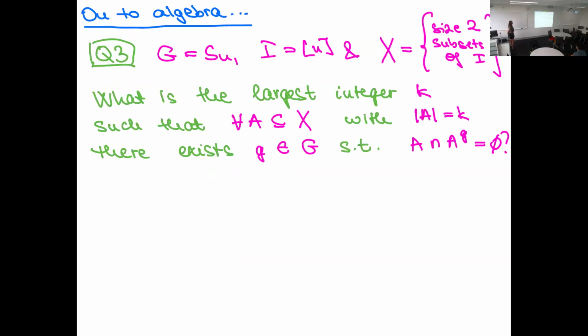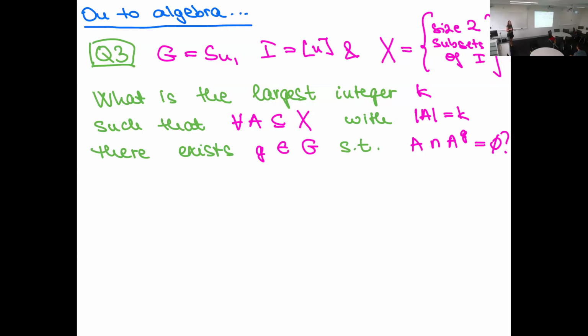What is the largest integer k such that for any subset of these pairs of size k, there exists some element of our group, so that if you take all of these pairs and look at their images under this permutation, then the intersection will be trivial.